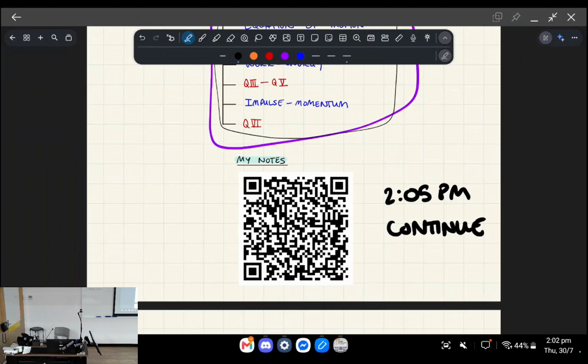So the translation, track everything. Translation is, rotation is. It's okay.